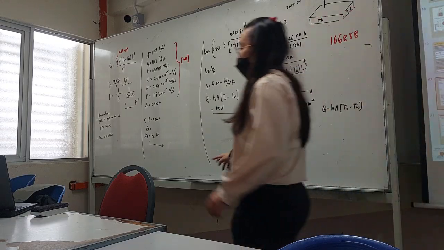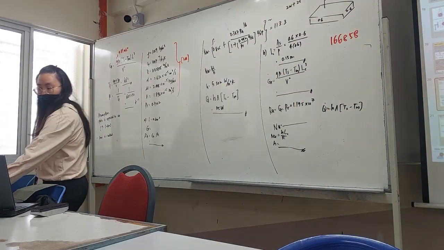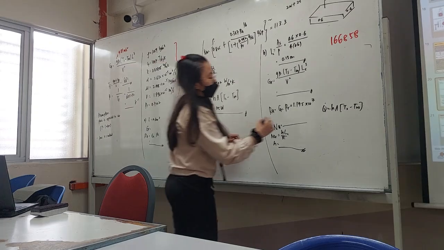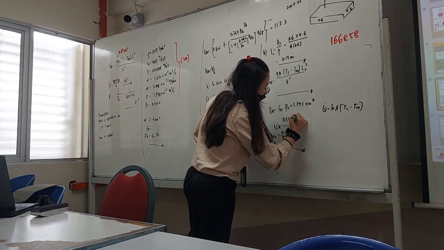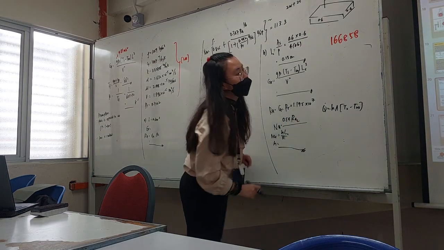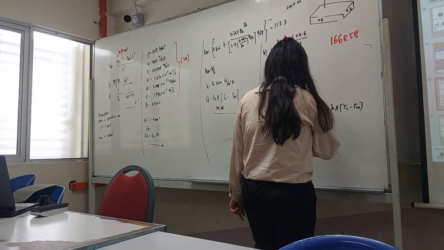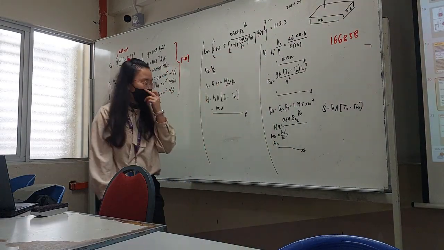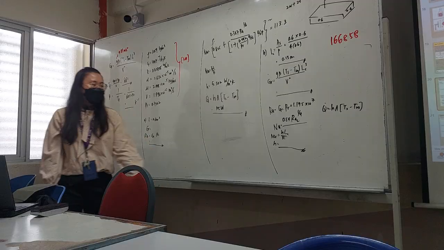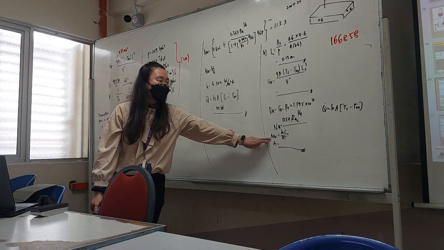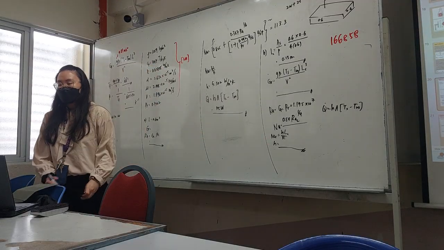So the new Z number equation is 0.54 Reynolds number to the power 1/4. Okay, so you calculate your H value, you get the Q value.